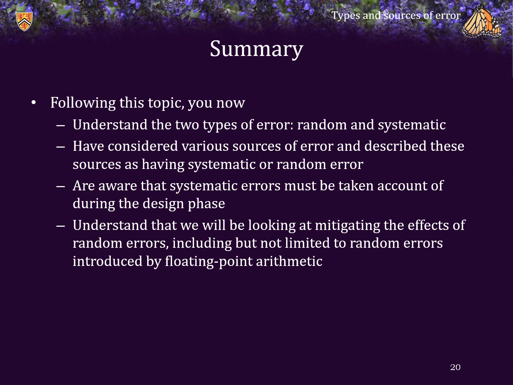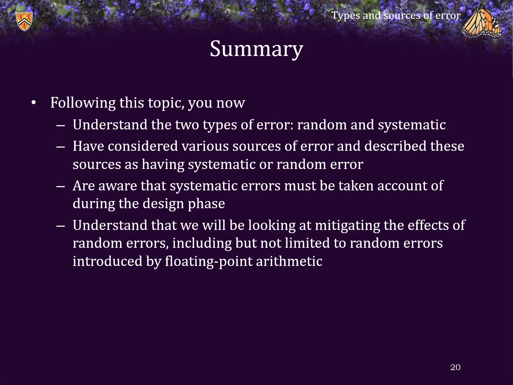Following this topic, you now understand that there are two types of error, random and systematic. You have also considered various sources of error and described these sources as having either systematic and or random error. Now, of course, the investigation here is very superficial, so do not take anything in this lecture as gospel.